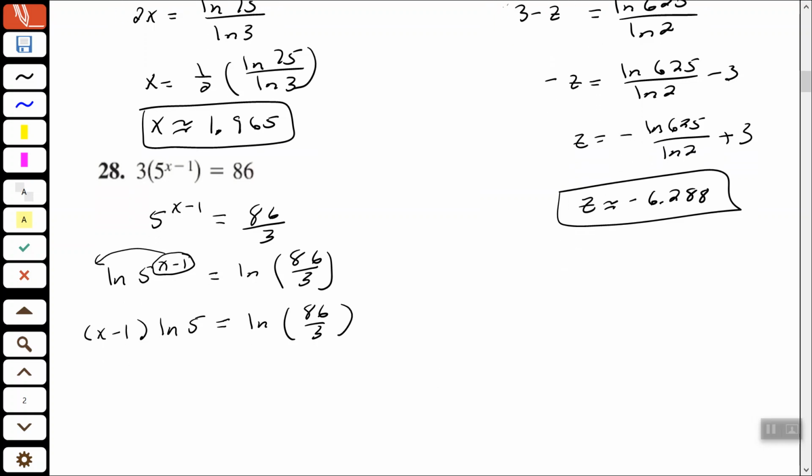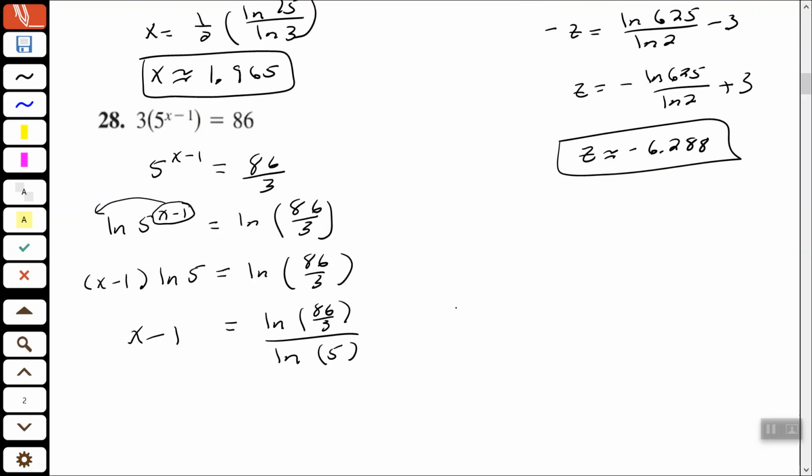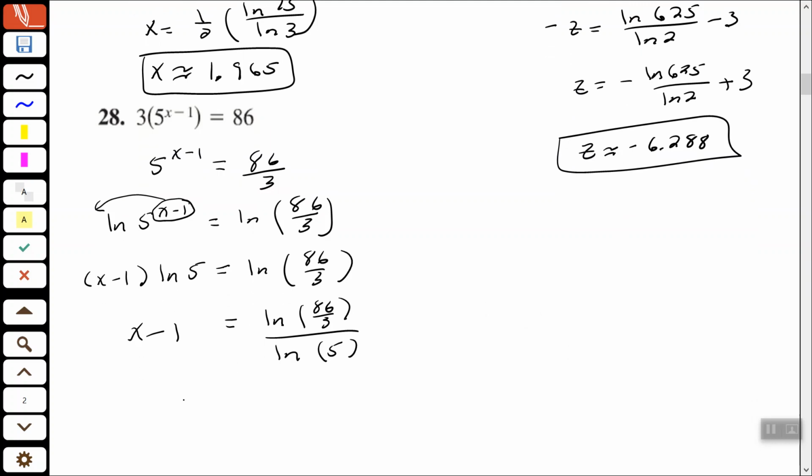Divide both sides by the natural log of 5. And then add 1 to both sides.